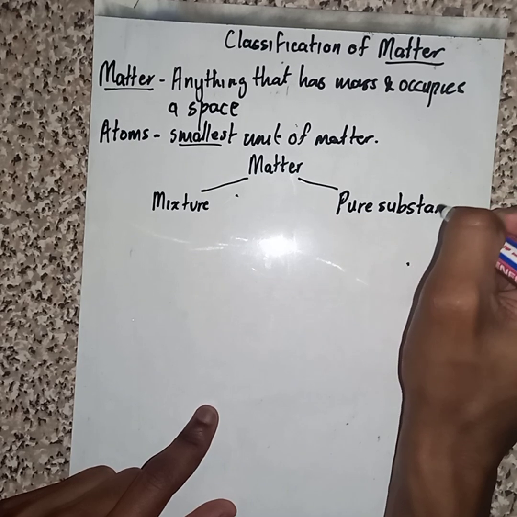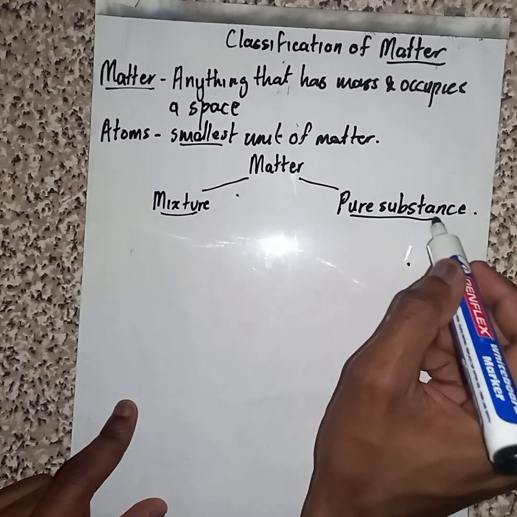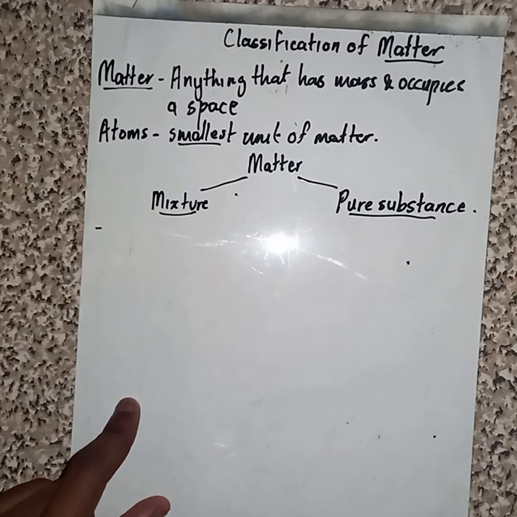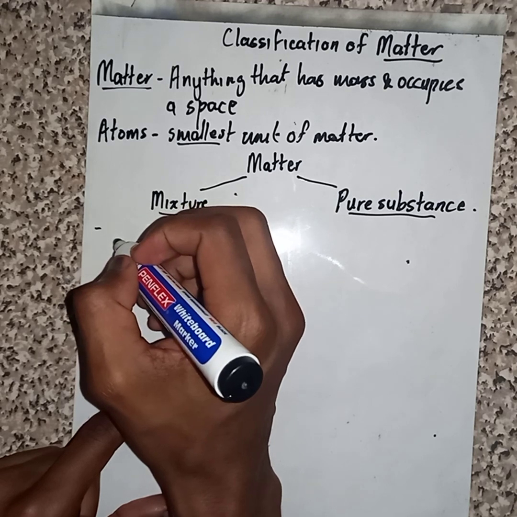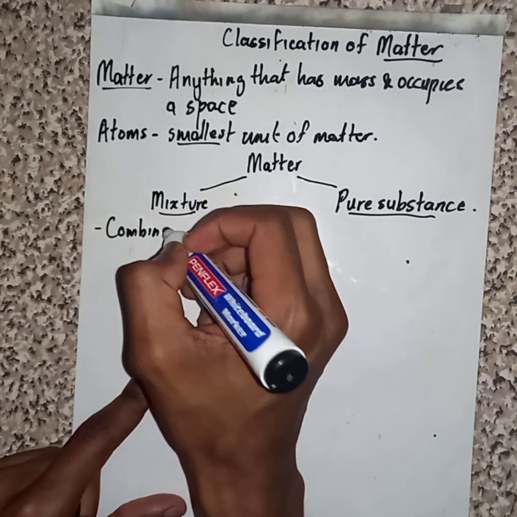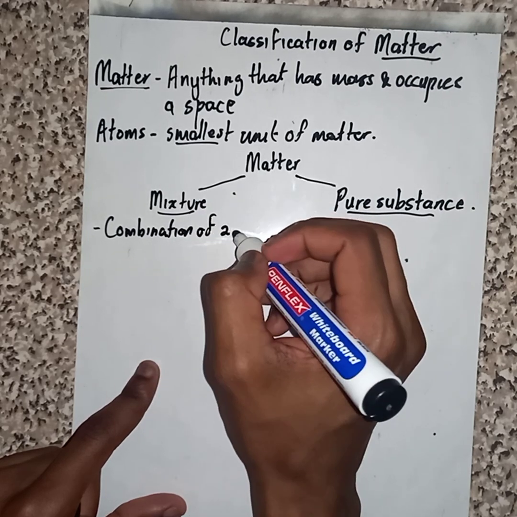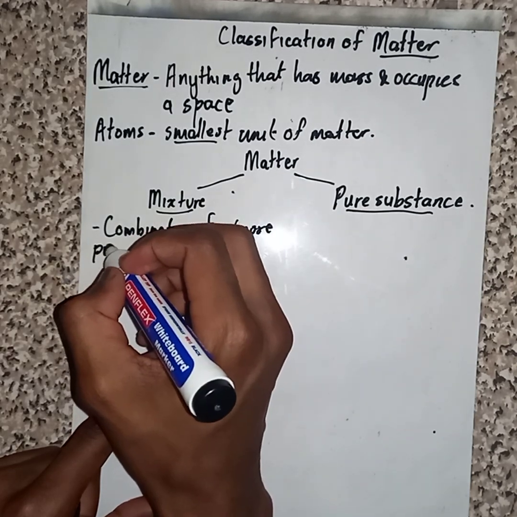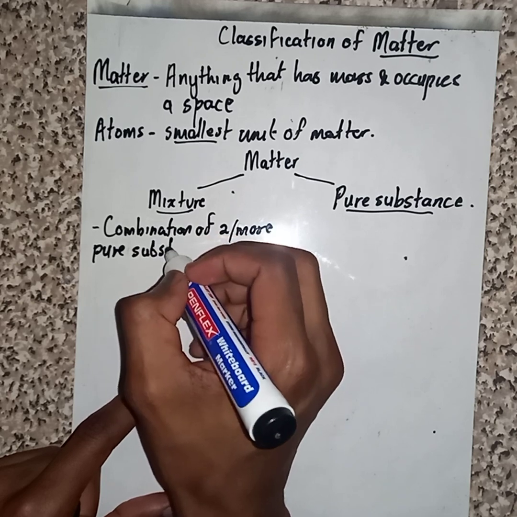A mixture is composed of two or more pure substances. A mixture is a combination of two or more pure substances.